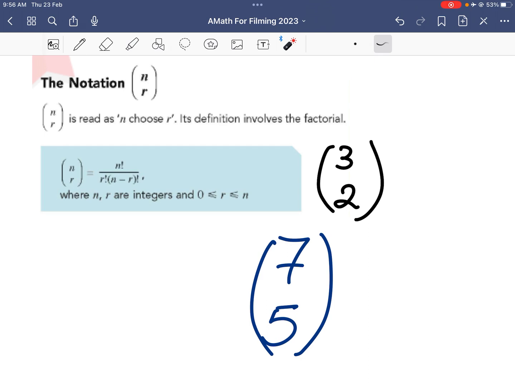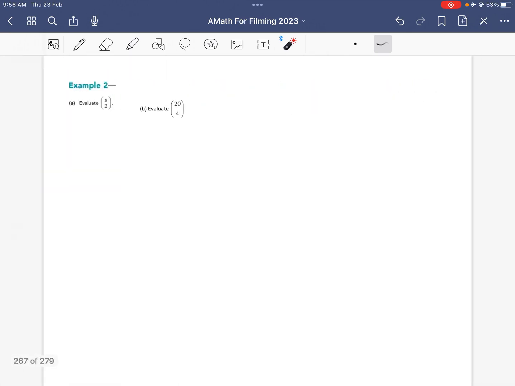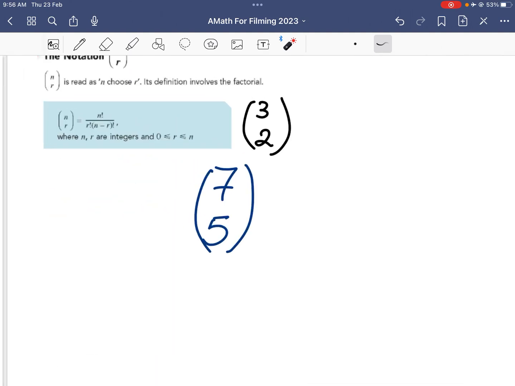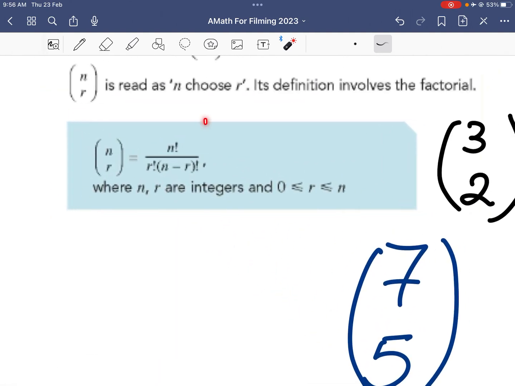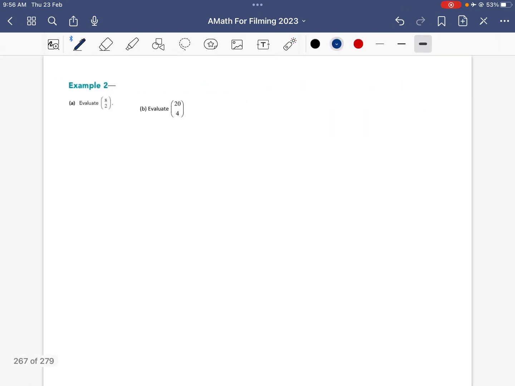This can be found inside your calculator itself, but let me teach you what I call the manual way of doing this, and then we can work with how to do this with the calculator. So for example, 8 choose 2. The book defines this with n factorial, r factorial, and all. Let me just show you what it is. If I want 8 choose 2, the easiest way is this.